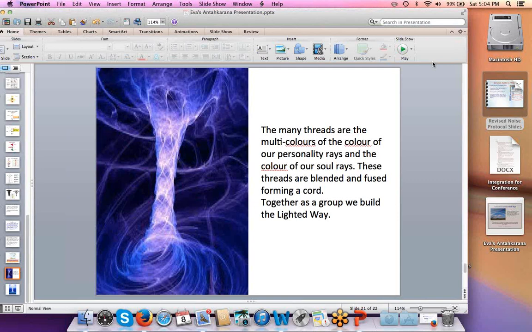The more concrete matter is, the lower the vibratory rate these Devic lives vibrate at. The higher the substance is, the higher the level of vibration for these Devic lives.